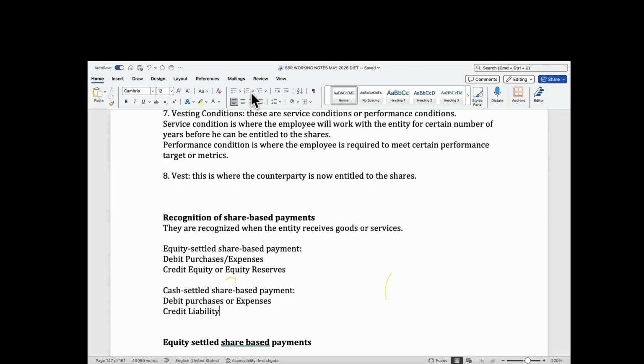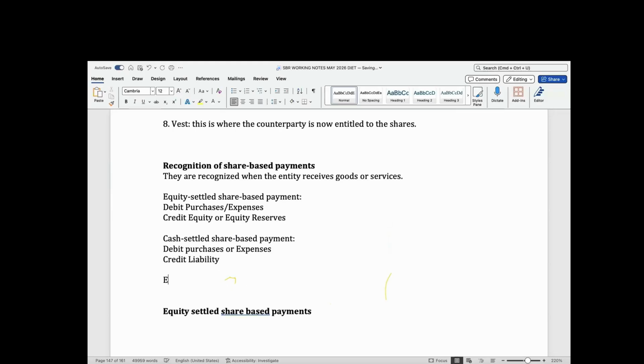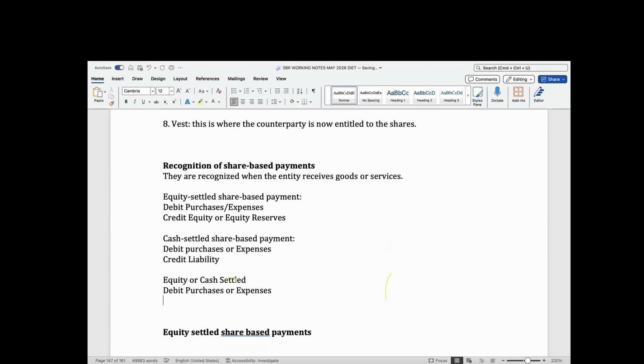Okay. The last one is equity or cash settled. Here also, nothing is changing, but you are crediting either one or the other.